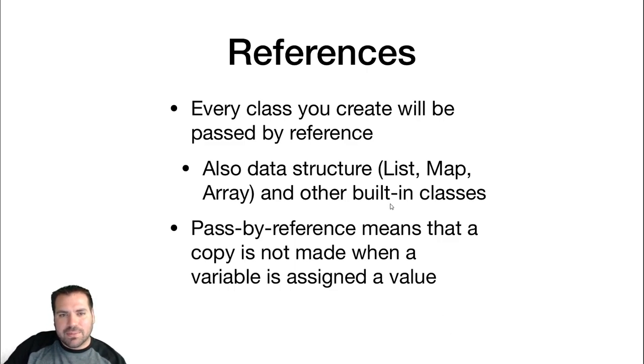Every object, so all these data structures, lists, maps, arrays that we use, all the built-in classes, any class that you write, objects of that type are always passed by reference. So any changes made to that object by the method will be reflected outside of that method as well. And we'll see why that's the case.